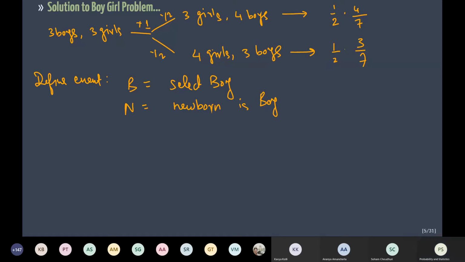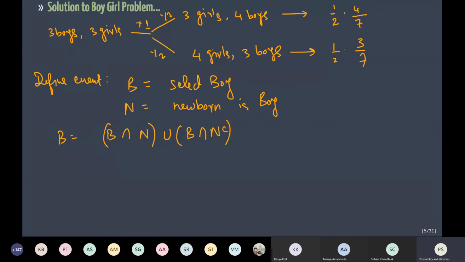So how can we write B? We can partition B over this, right? So we can write B as B intersection N, and the union of B intersection N complement.